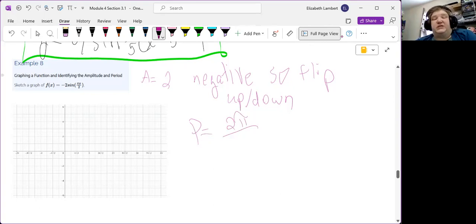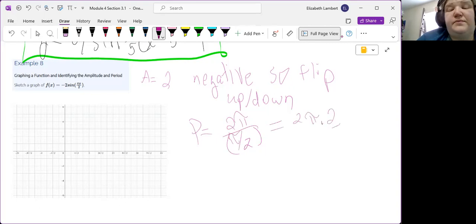So if I think of that x moving to the side, the b value is pi over 2. So our period is 4 units long. There's no phase shift, there's no vertical shift.